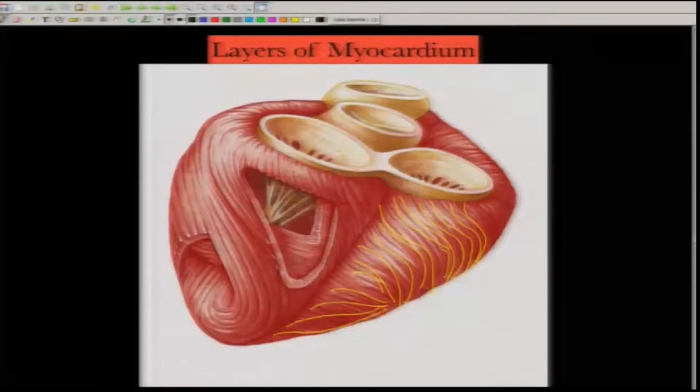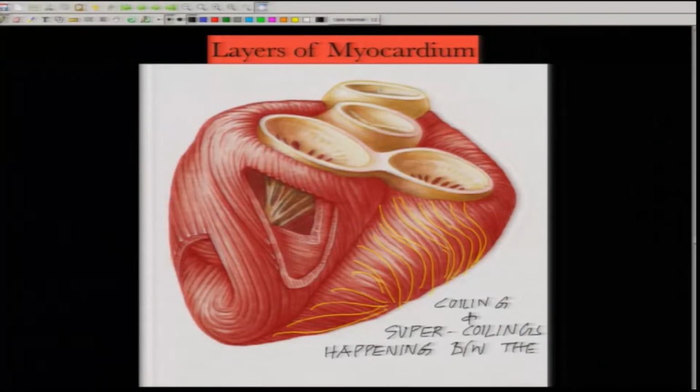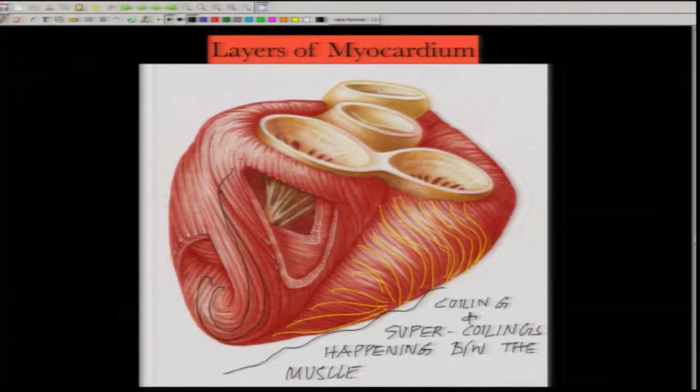So there is a lot of coiling and supercoiling happening between the muscle. And this coiling and supercoiling, what you essentially see, is an extremely coiled and extremely complex structure. That is what gives you a very interesting rigid architecture of the heart.